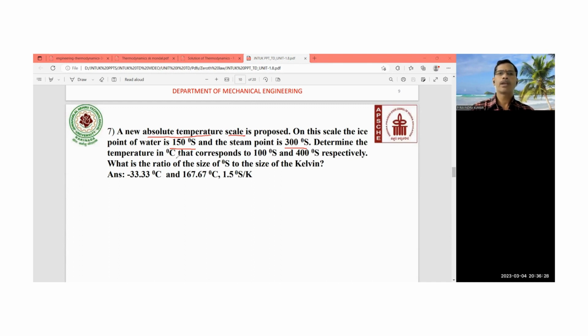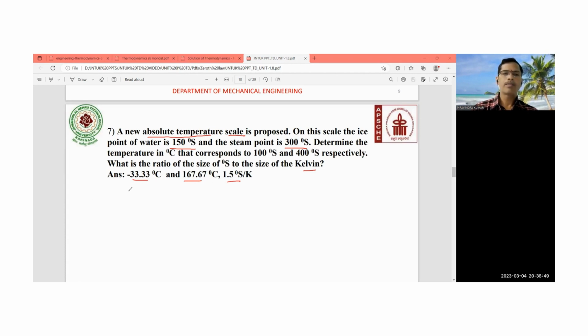Determine the temperature in degree centigrade that corresponds to 100 degrees, yes, and 400 degrees, yes, respectively. What is the ratio of the size of a degree S to the size of the Kelvin? This is what you have to find. So how are you going to make the calculation for this one?